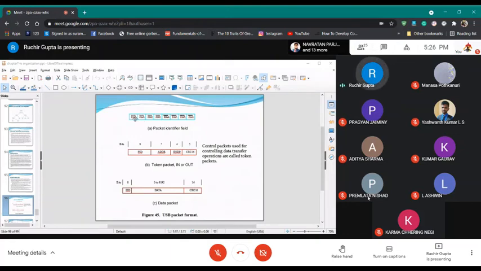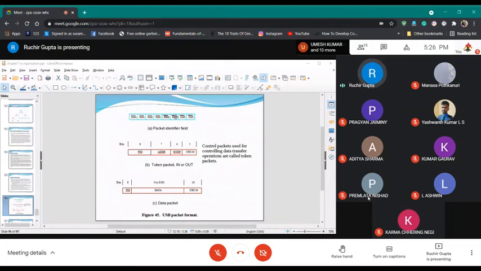So for example, here we have PID 0, and here we have PID 0 bar. Here we have PID 1, here we have PID 1 bar, PID 2, PID 2 bar, and PID 3 and PID 3 bar, and like that. So that means we can have as many as 16 different kinds of packets.